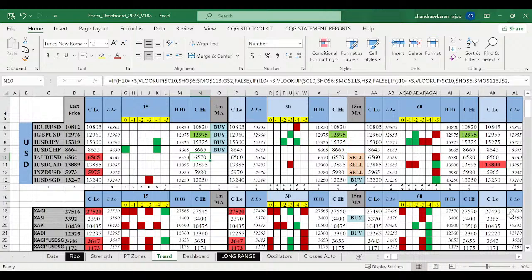Then we need a trade navigator, and also the PT targets. With the PT targets, we can see where the price targets are, so we can get ourselves mentally prepared. We'll do it one by one, then finally decide how we want to trade.